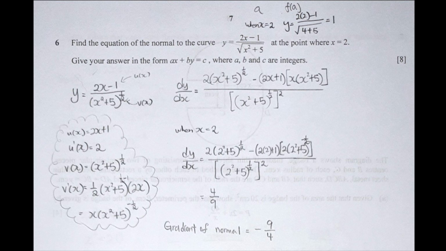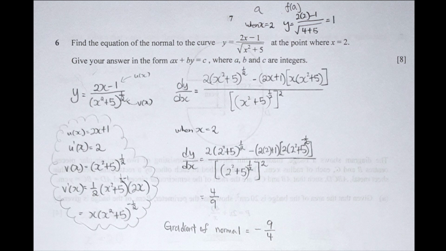Then I proceed with differentiating this equation over here. Since it is a fraction, I'll be using the quotient rule. U of x will be 2x minus 1 and my v of x will be bracket x squared plus 5 bracket to the power of 1 over 2.